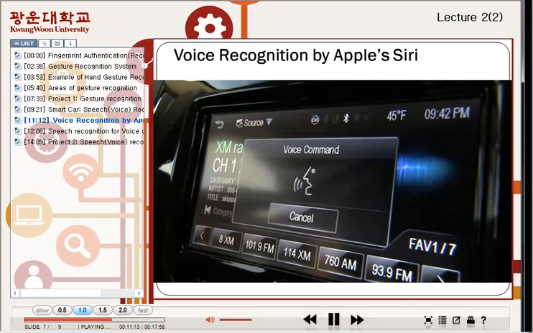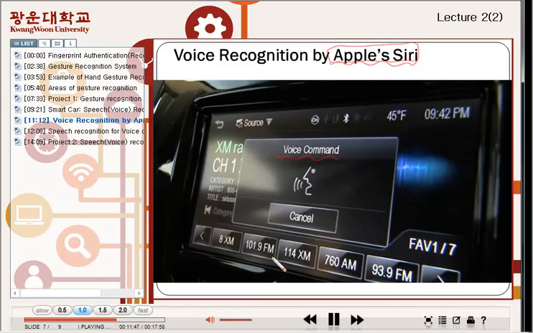This shows the voice recognition by Apple's Siri recognition system. In the car, you only speak the command as a voice command, and the car navigation system and the radio can be controlled by voice command.